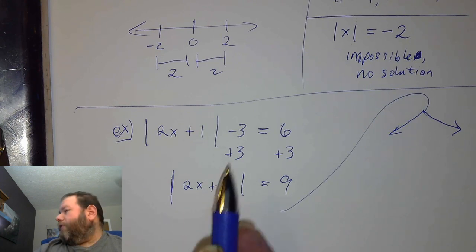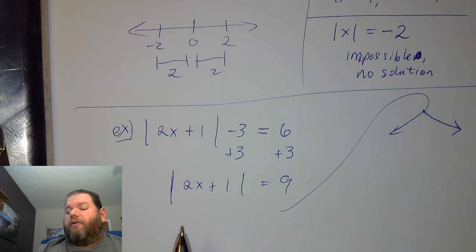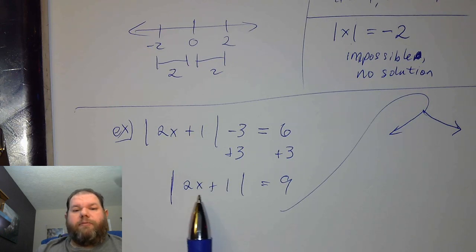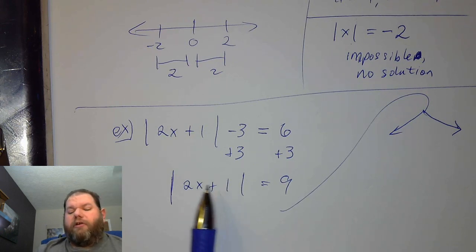Now, from what we saw above, what could 2x plus 1 possibly equal here so that its absolute value is equal to 9?